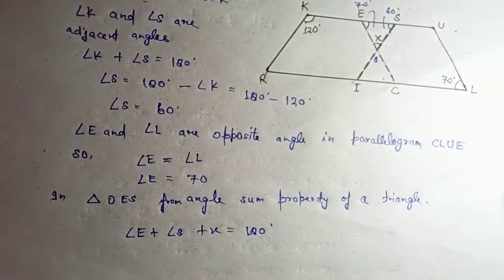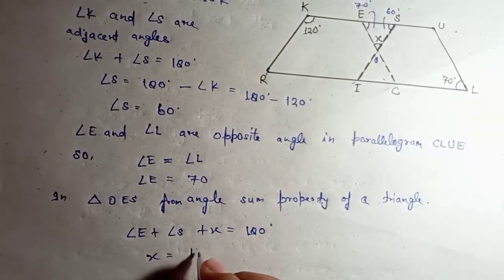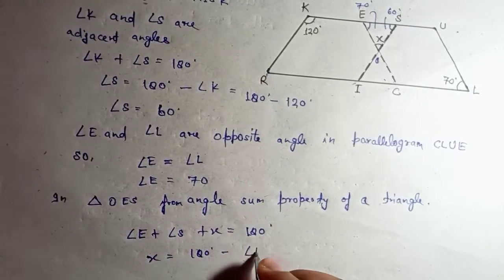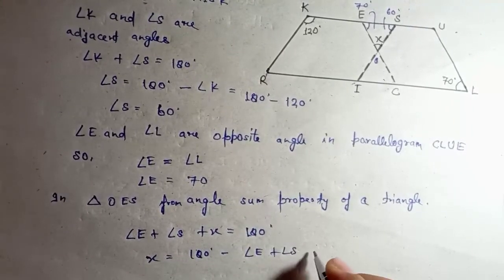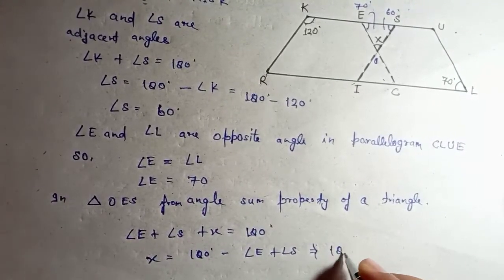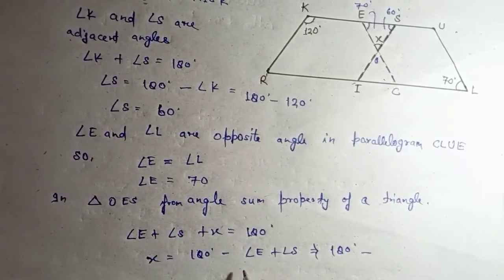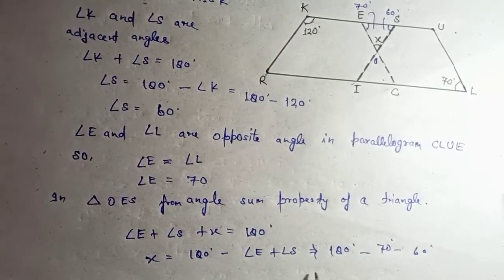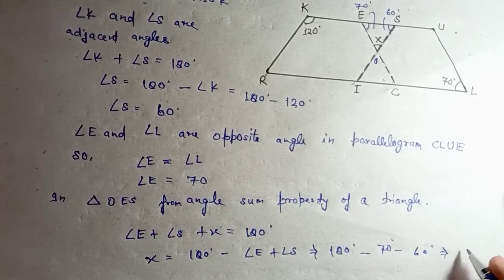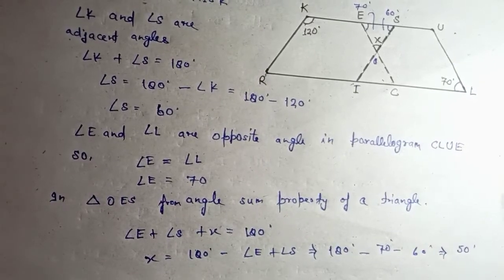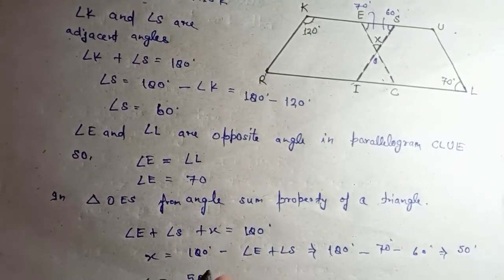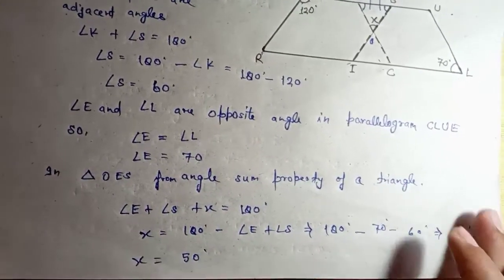Now find the value of x. So x is equal to 180 degree minus angle E plus angle S, which is equal to 180 degree minus value of E is 70 degree and minus 60 degree, that gives the result 180 minus 70 minus 60 is equal to 50 degree. So x is equal to 50 degree. This is the answer.